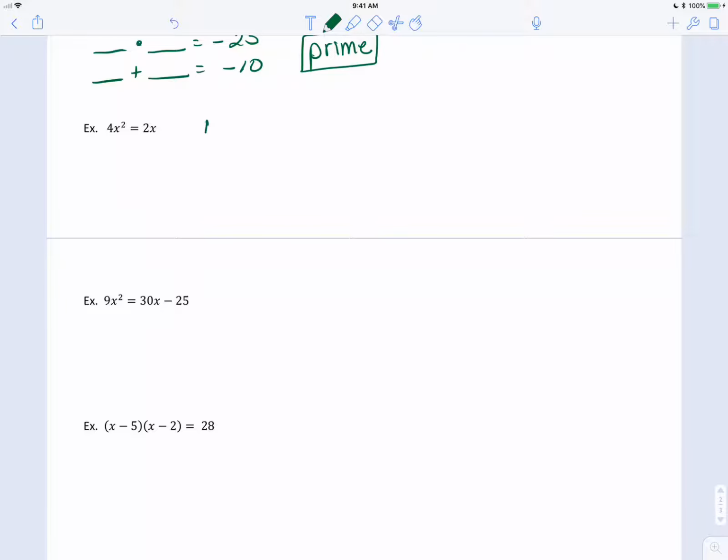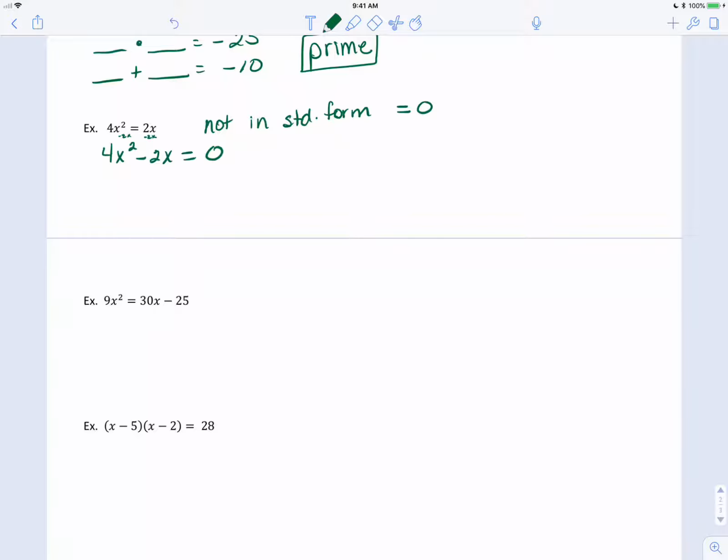Okay, so this one again is not in standard form. So first off, we've got to put this one in standard form. Remember, it's got to be equal to 0 in order to factor it. So that's 5x squared, and we're moving that negative 2x over, equal to 0. Remember, in order to move it over, we subtract it from both sides.